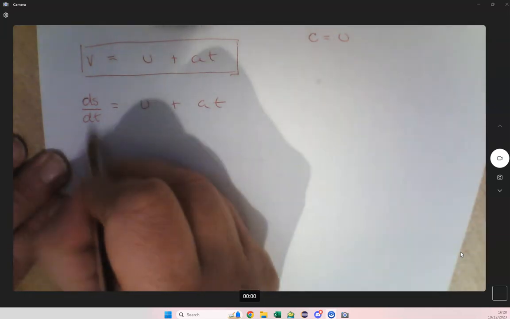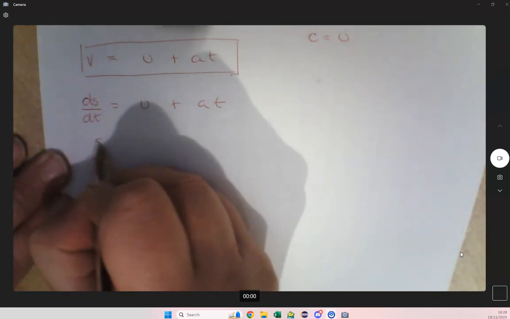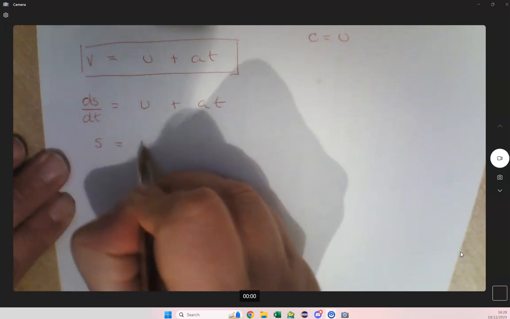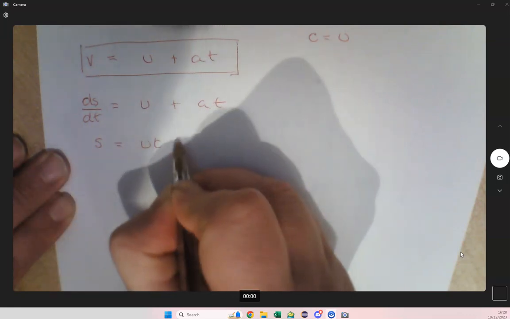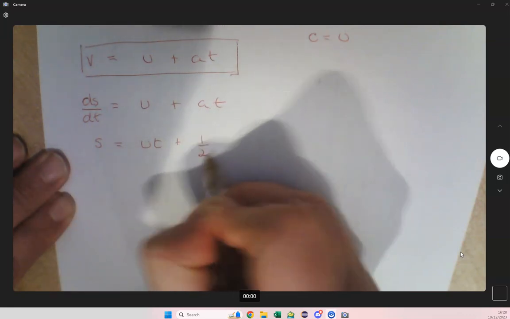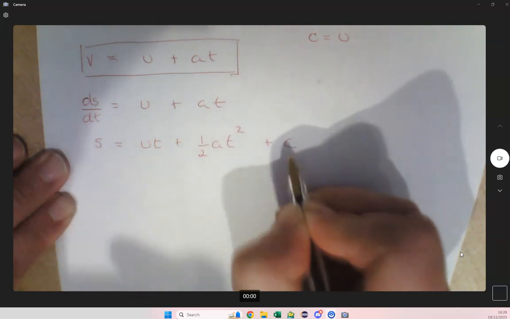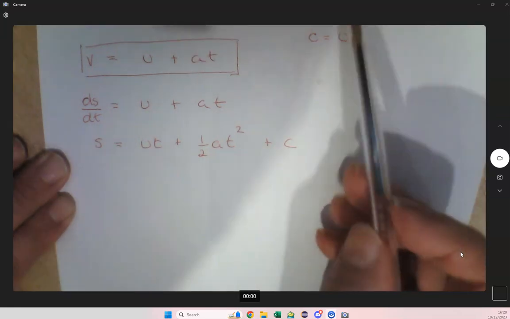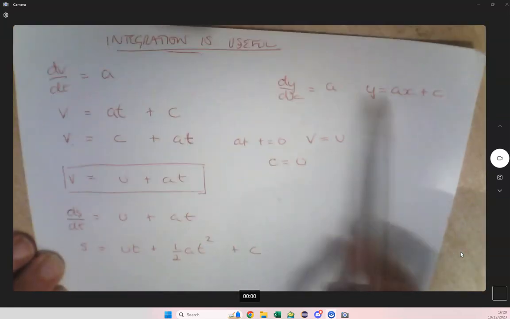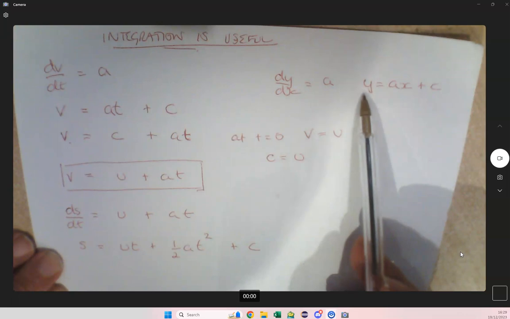If I integrate this with respect to time, I'm going to get s is equal to u times t plus a half times a times t squared plus some form of constant. Now, I'm not going to take you through how to do it in terms of dy by dx the way that maths like to do it, but hopefully you can see how that works.